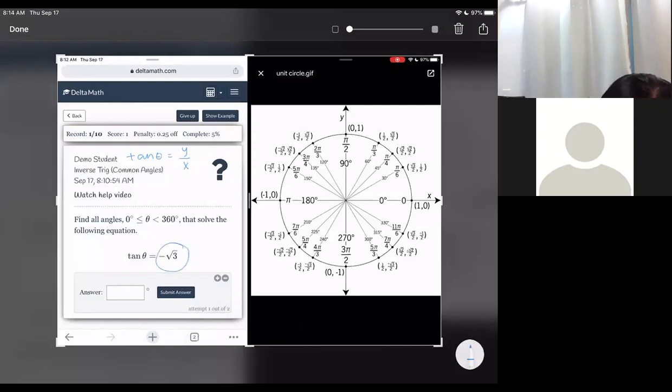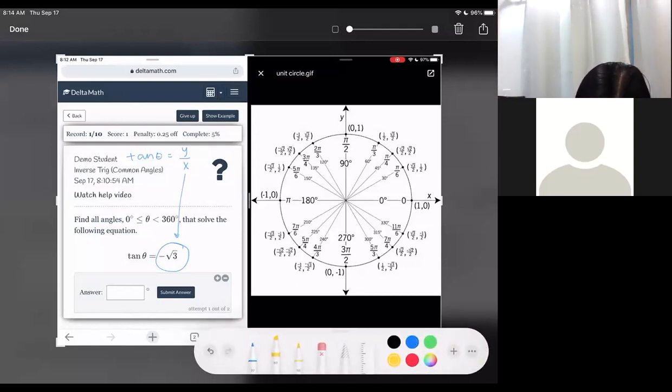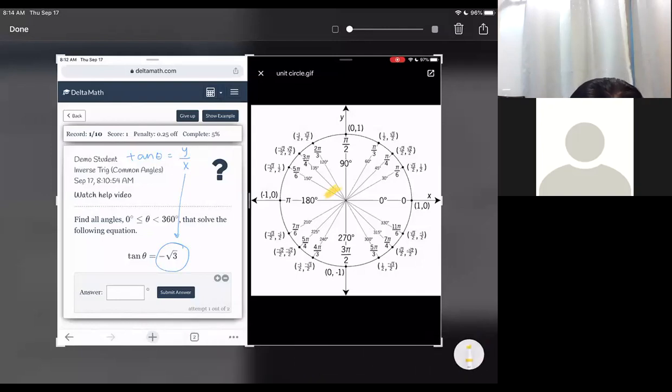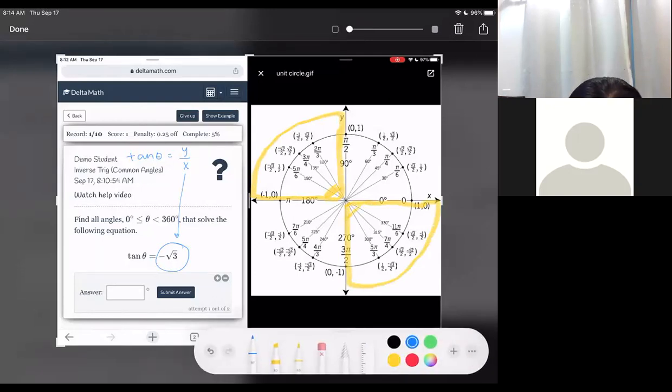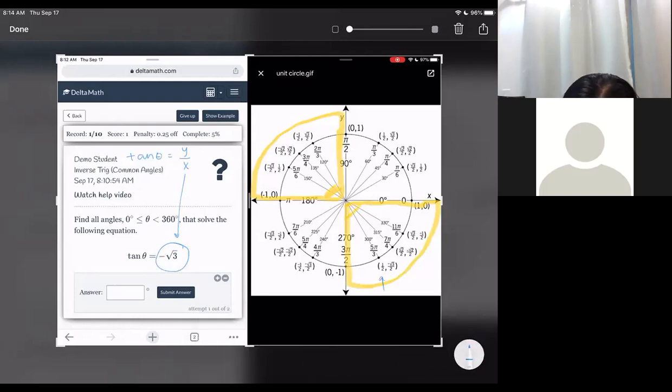Since our tangent, our y over x, became negative root 3, you want your fraction to be negative. That means you want either the numerator or the denominator to be negative. One negative, one positive, okay? The only places on the unit circle that happens are in these two quadrants. I highlight these quadrants because if you take a look at the x and y values, there's going to be one positive, one negative.